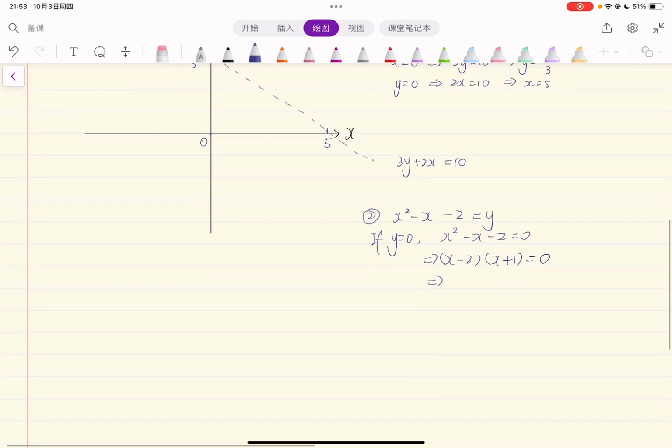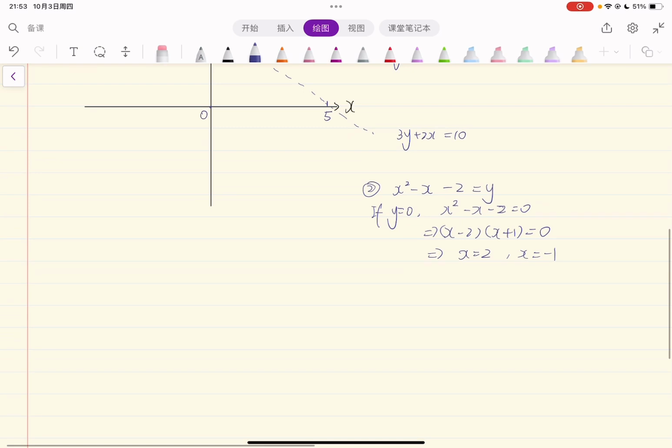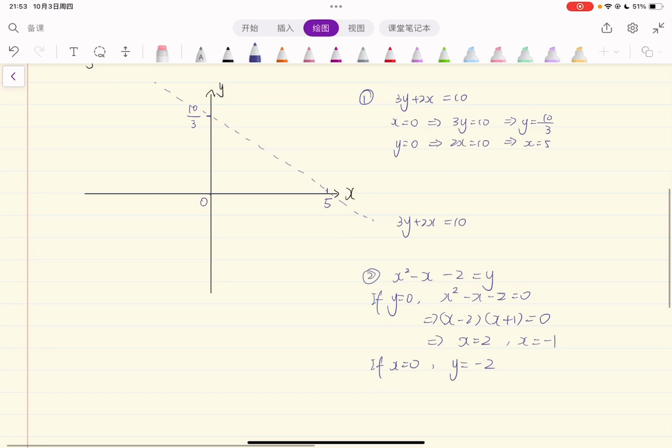Thus we have x equals 2 and x equals minus 1. Now if x equals 0, we have y equals minus 2. So 2 is here, minus 1 is here, and minus 2 is over here. Pass through these 3 points for the curve x squared minus x minus 2.